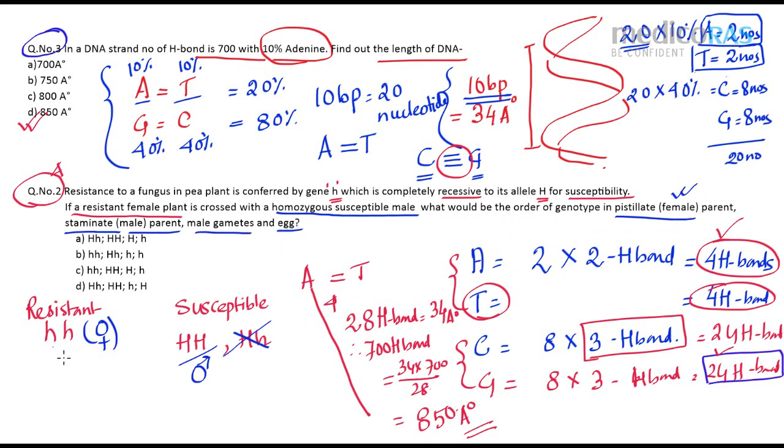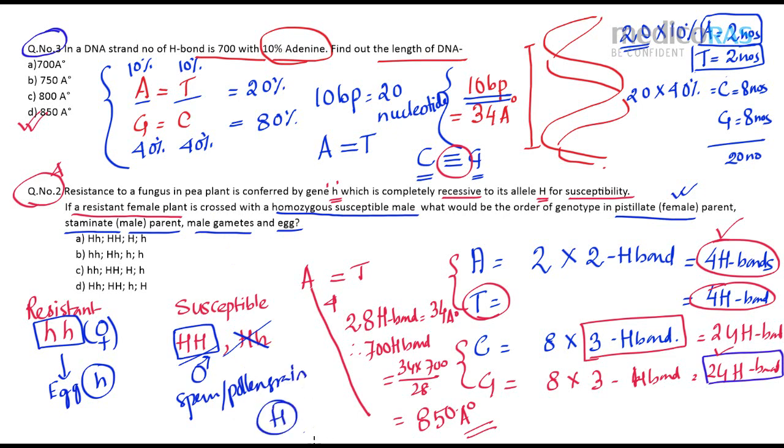You can see here we already got the answer: female genotype must be small h, small h, and male genotype must be capital H, capital H. So from here, the egg will have what type of gamete? Only small h. And if it is sperm, or if it is a plant, pollen grain, then obviously I have to write pollen grain. So in that concept I am getting this capital H as a gamete, right?